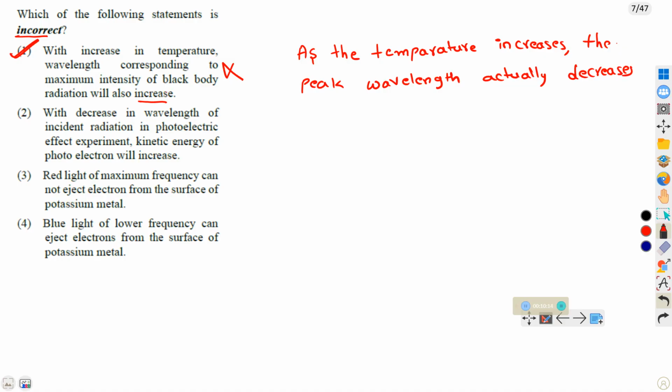Inversely proportional. This is based on Wien's displacement law. So the first statement is wrong.